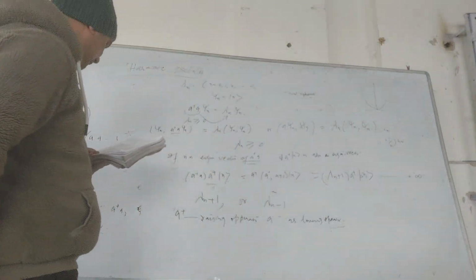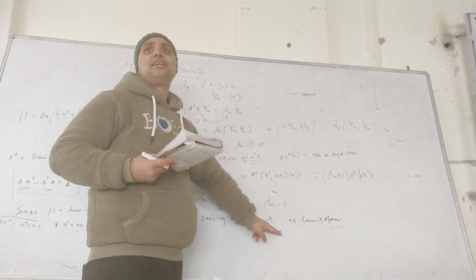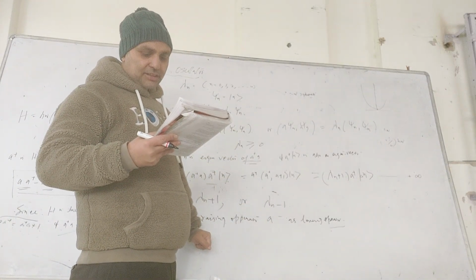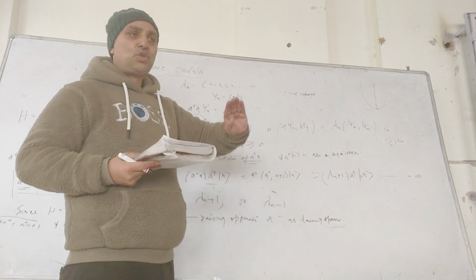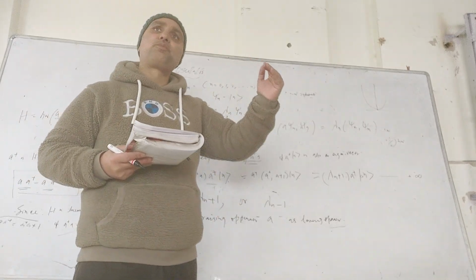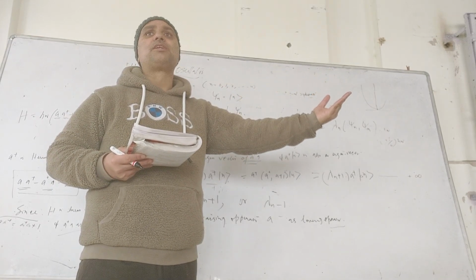By applying these operators, we can generate a given eigenvector. This procedure is also known as the ladder operator method. You have an operator operating on a state, and that will be a particular eigenstate.